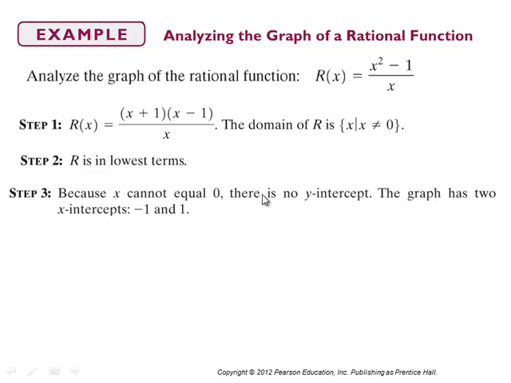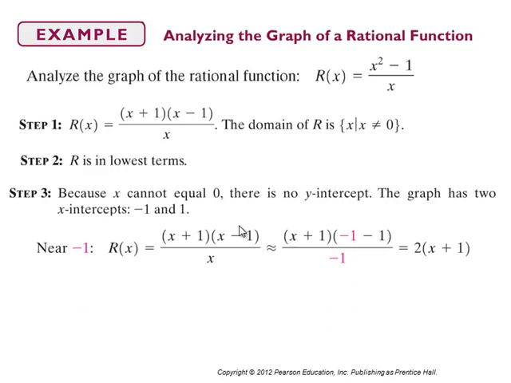Now, we're going to have x-intercepts where the numerator is equal to 0. And the numerator is equal to 0 when x is equal to plus or minus 1. So those are going to be our 2 x-intercepts. And then, of course, we can examine the local behavior of those x-intercepts. First, near -1, you replace x by -1, and you get 2 times x plus 1.